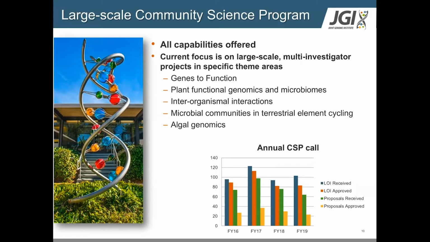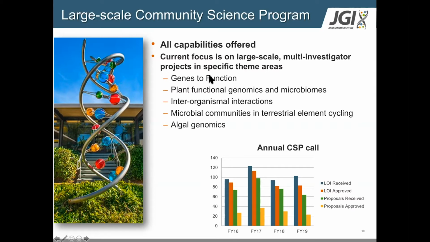And all the capabilities are offered. So the things that I mentioned, the DNA synthesis, the metabolomics, some of the advanced epigenomics, all of those capabilities are offered through the large-scale community science program. And as I said, you have those really large caps on data that you can reach for.